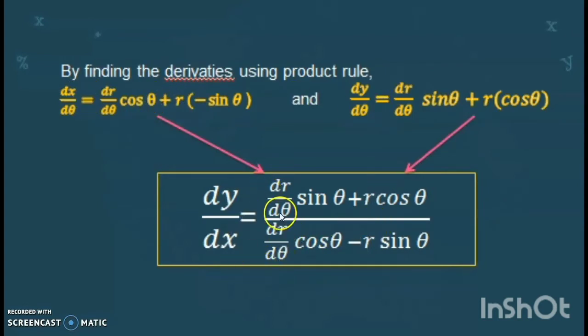We combine them to find dy over dx. The numerator, dr over d theta sin theta plus r cos theta, is y, and we divide by dr over d theta cos theta minus r sin theta, which is x.